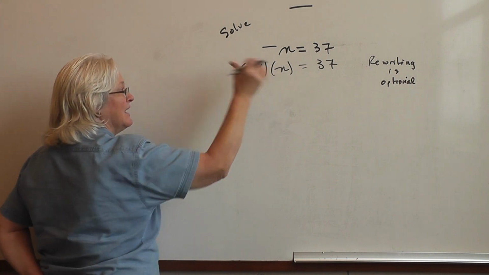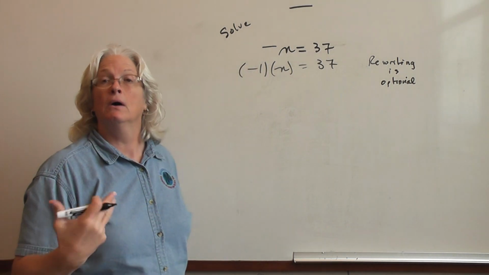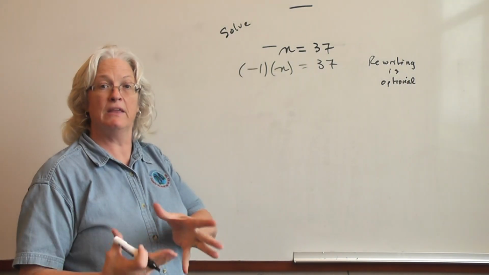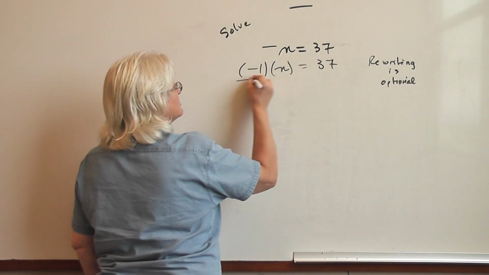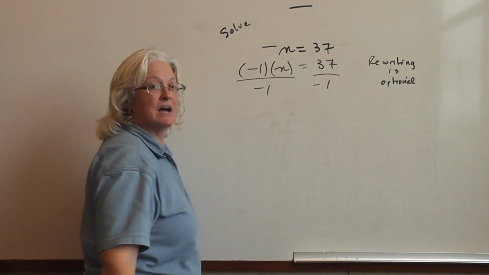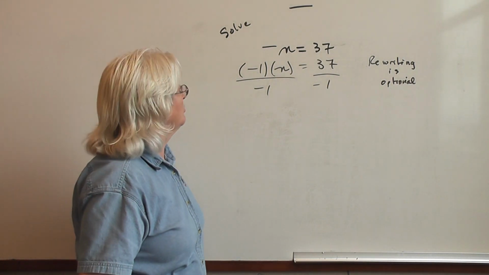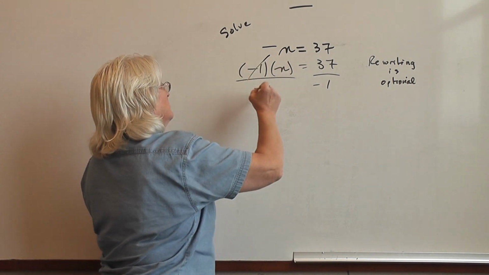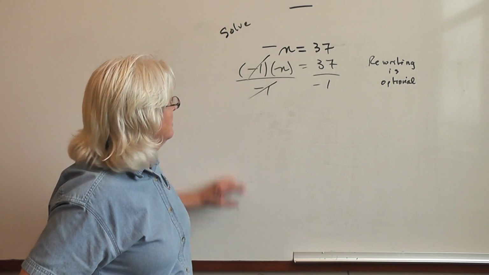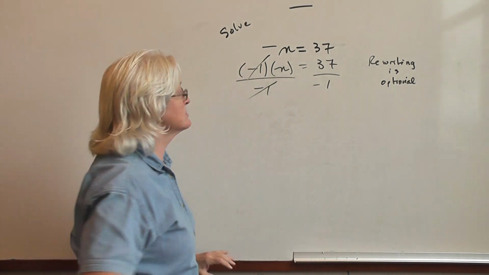Okay? Now, what has happened here? We've multiplied n by -1. So we're going to apply the inverse operation, which is division. And we're going to divide both sides of the equation now by -1. Same number in the numerator and the denominator. Those are common factors that we cancel.